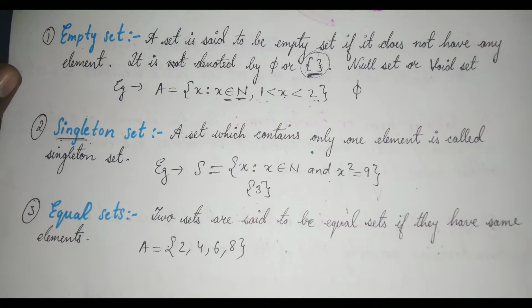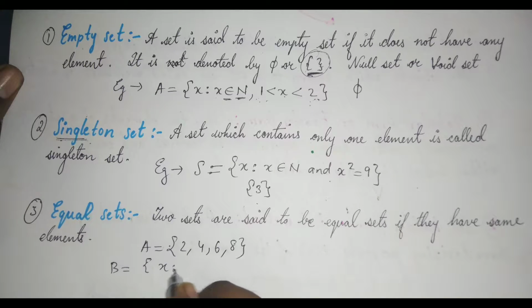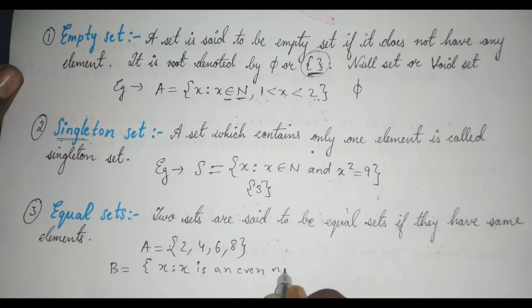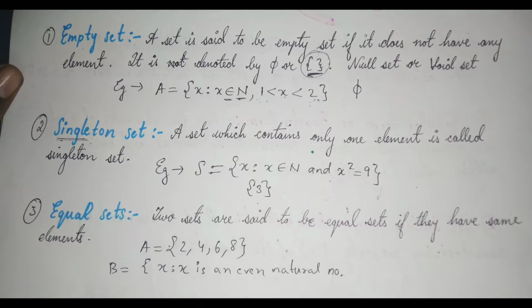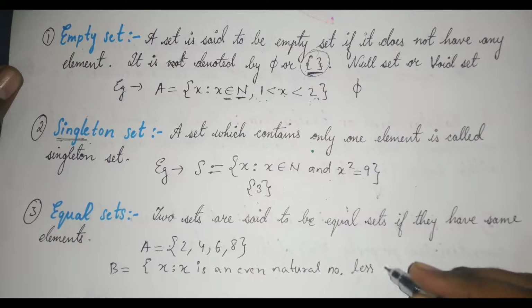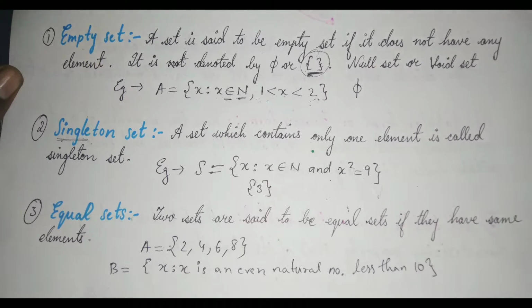And I'll take one more set B, that is, the set of x such that x is an even natural number which is less than 10. So this is also a set.